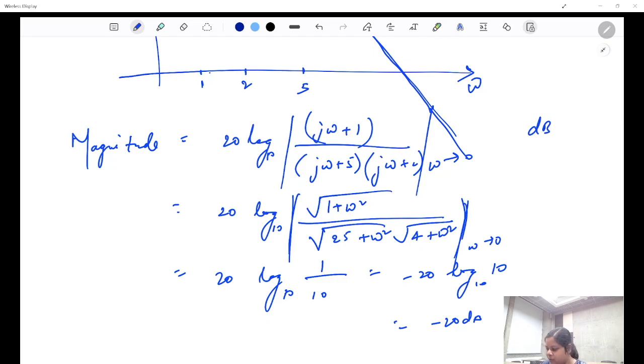So when you substitute the value of omega to be 0, in the numerator you will get 1, in the denominator you will get under root 25, and the other term would be under root 4. So it's 5 into 2 basically, so it's 1 upon 10. After this when you take the log, we already know that if there is a reciprocal, then we can take it as minus, right?